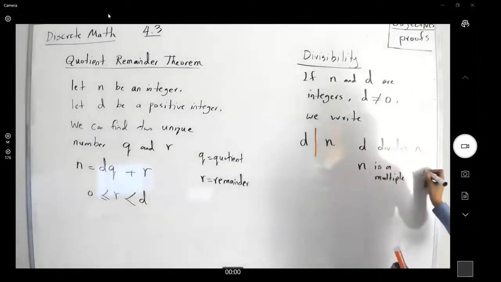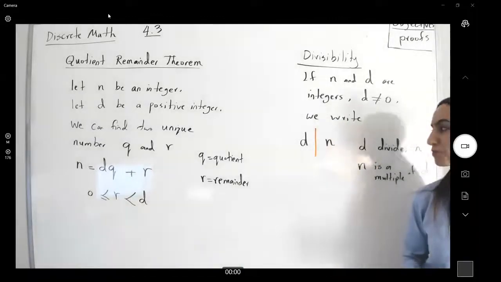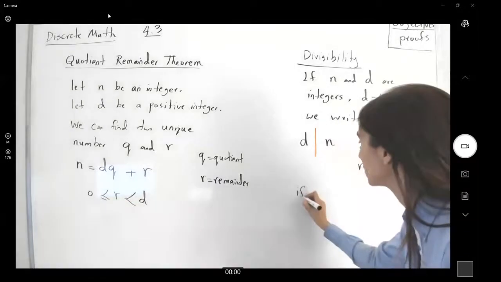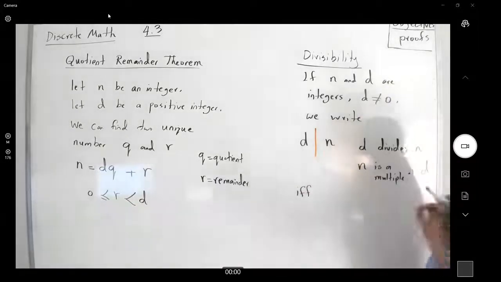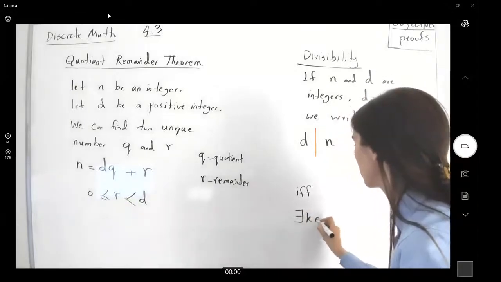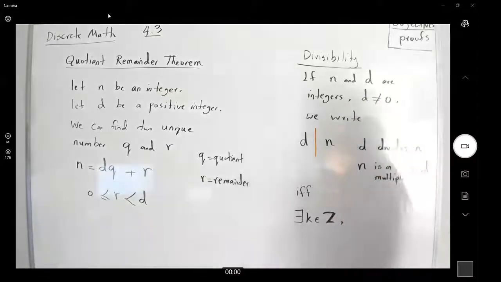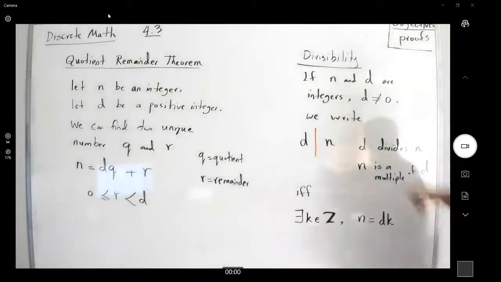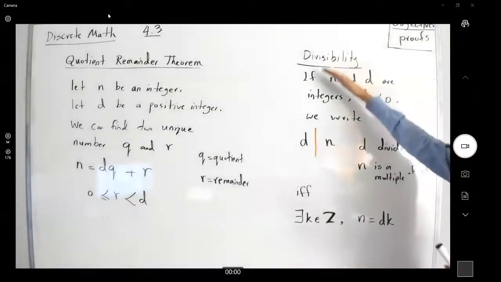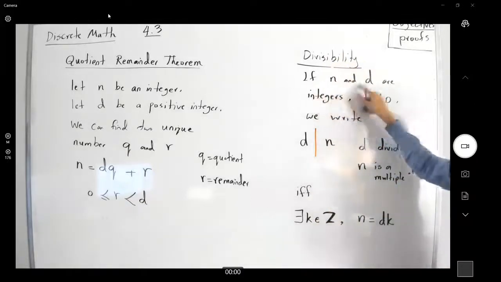d is a factor of n, if and only if we can find an integer. There is an integer like K such that n is d times K. That is the definition of divisibility.